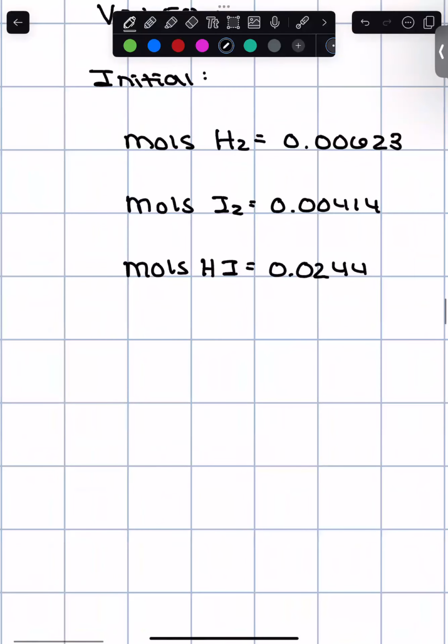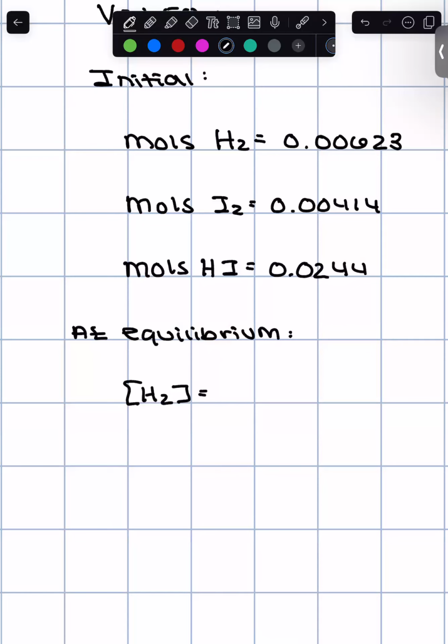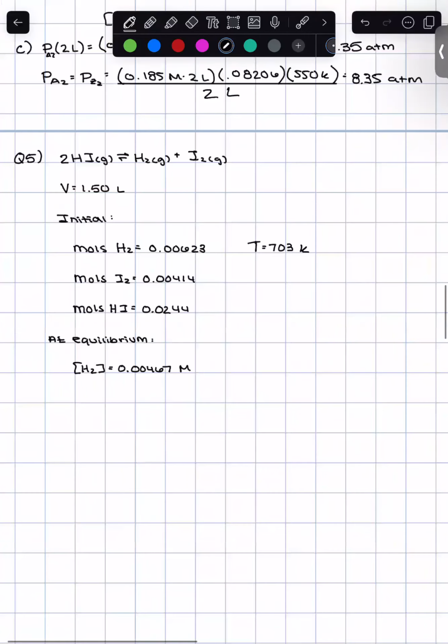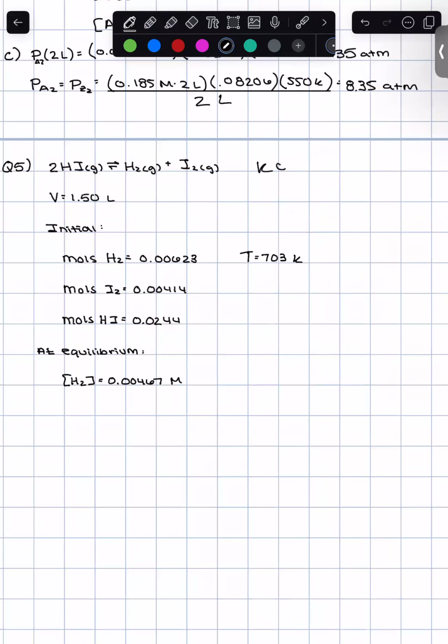And then it's known that at equilibrium, the concentration of H2 is equal to 0.00467. I need you guys to tell me, what is Kc? So go ahead and take a second to look into that, and then we will come together and go over it.